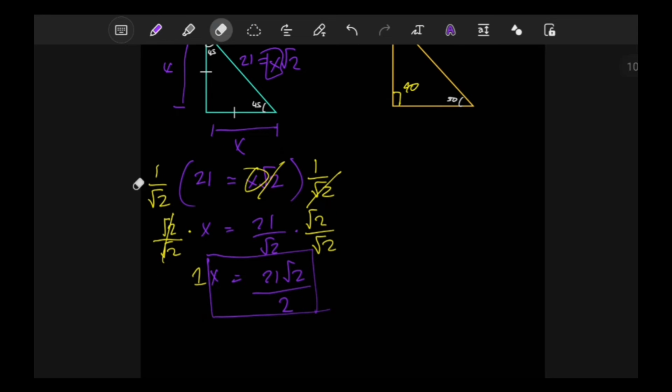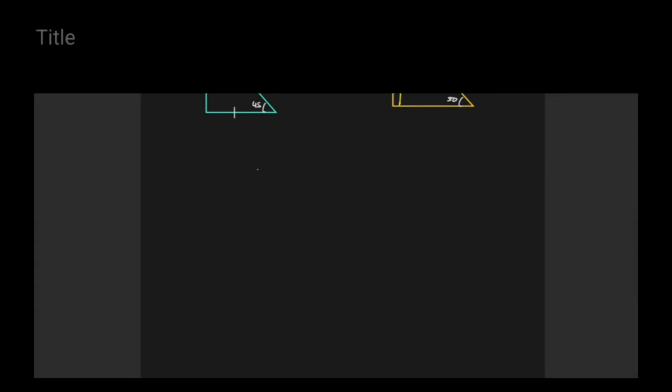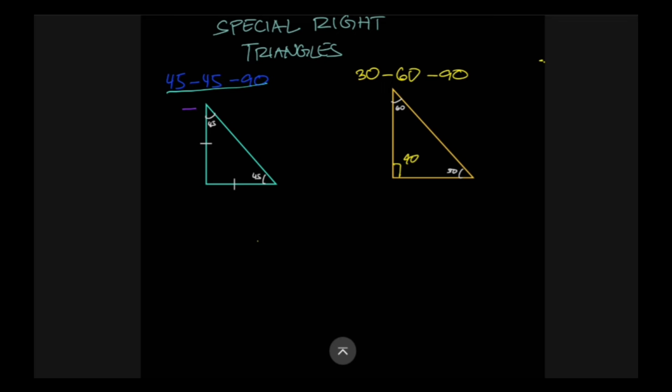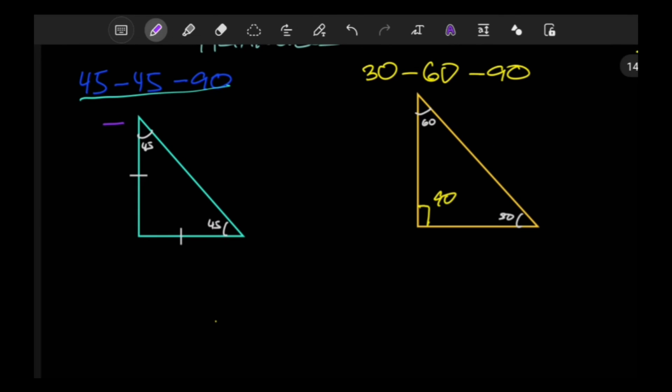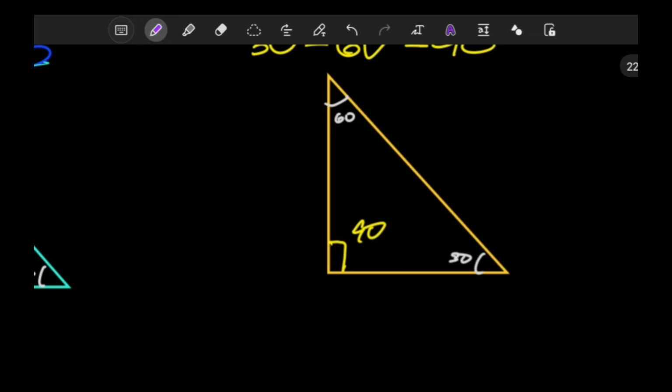Okay, so let us go to the 30, 60, 90. 30, 60, 90 is quite hard. It's quite harder than the 45, 45. But it will just do the trick. Okay, so let us expand.